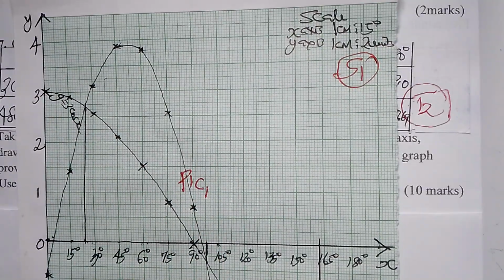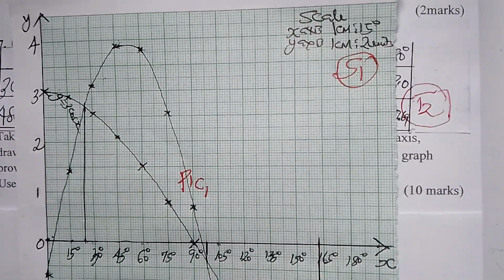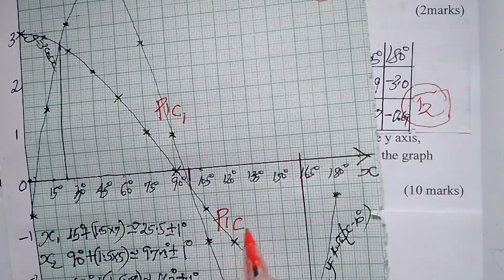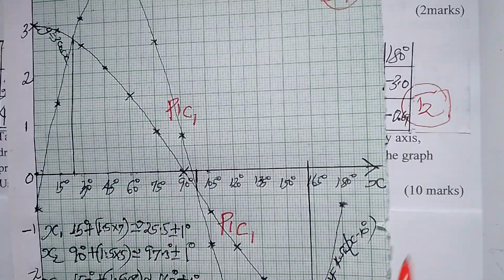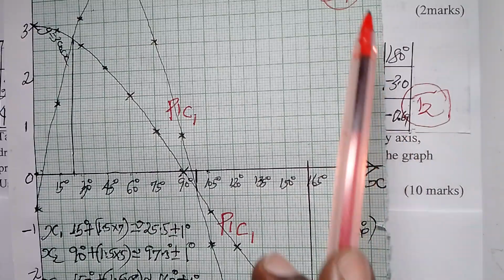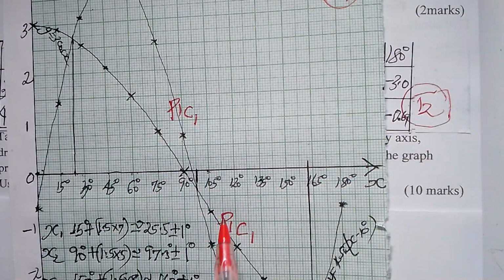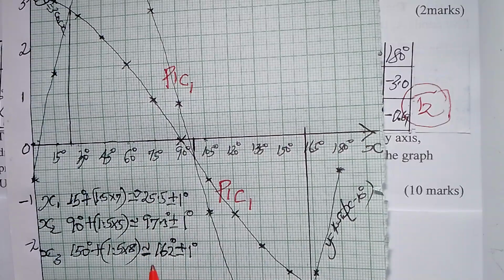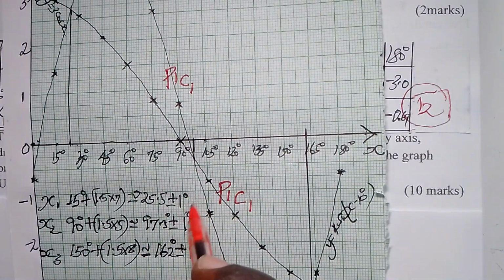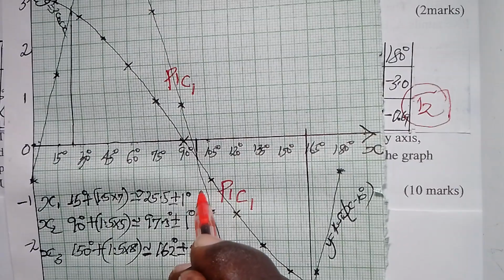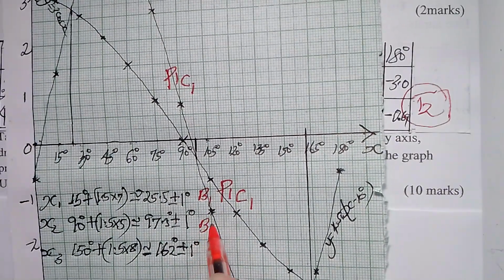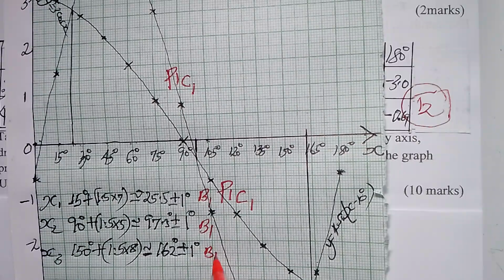For the second curve, plotting correct, P1, drawing the curve again correct, C1. So we have so far a total of 2, 3, 4, 5, 6, 7. And for these values here, when you get them to the nearest level of accuracy, this will be given B1, B1, B1.